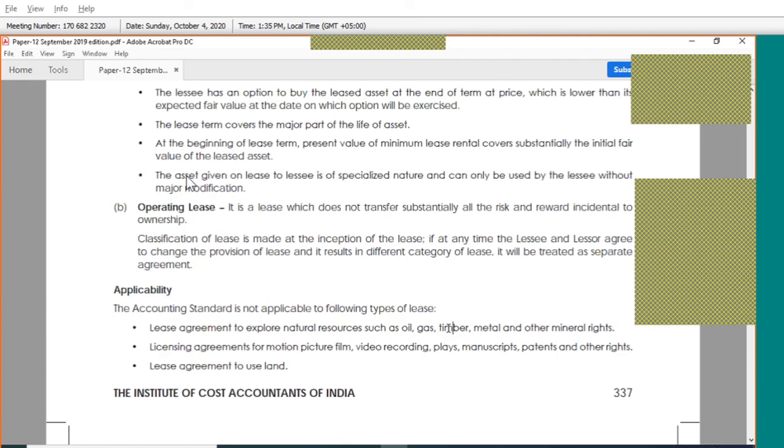As I said in the previous class, the life of the asset is 5 years, and the lease period is also 5 years.